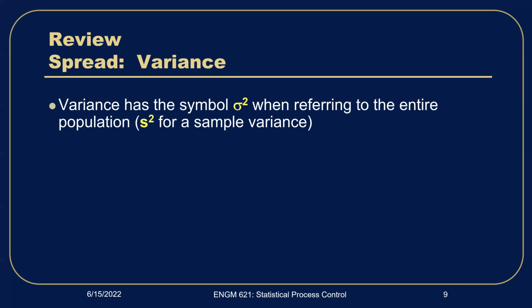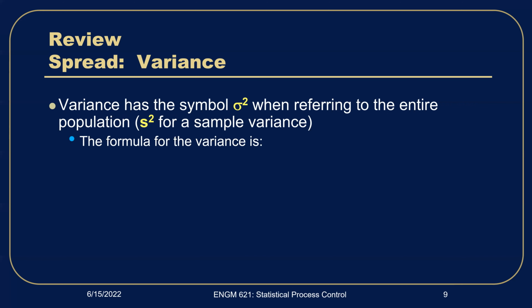We use sigma square to represent the entire population's variance, and we use S square to represent the sample variance. For a process, we may or may not know sigma square, but we can usually obtain a sample from the whole population and compute the S square and use it to estimate sigma square.